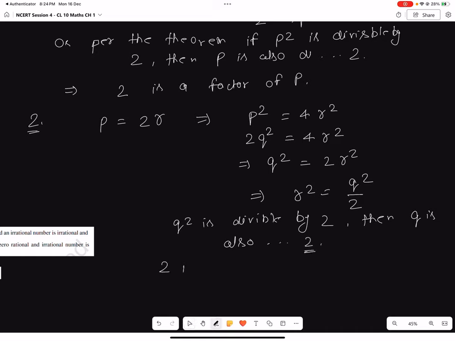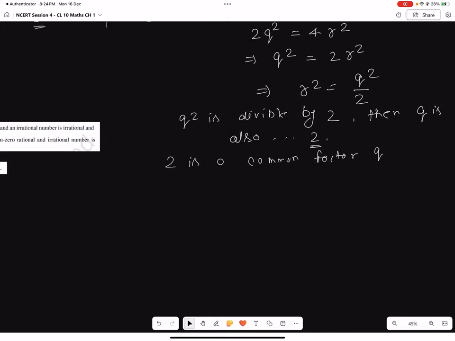So that means 2 is a common factor of q, right? So what we have derived here: 2 is a common factor of p and 2 is a common factor of q. That means they have a common factor other than 1 also.